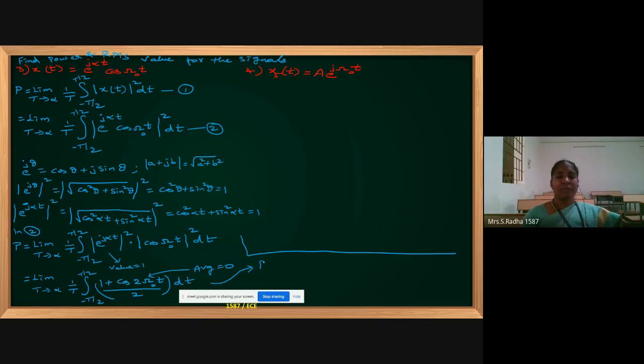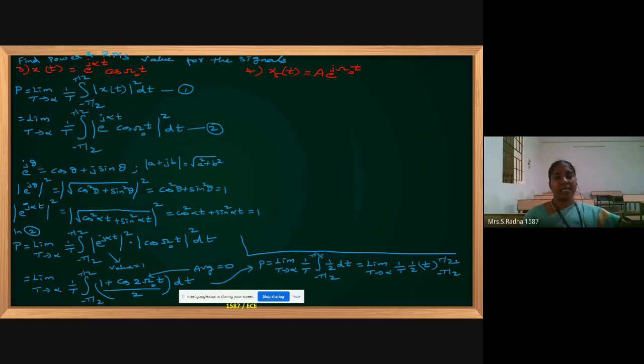So power is nothing but limit t tends to infinity 1 by t integration minus t by 2 to plus t by 2, I have only half into dt. When we simplify this, it is limit t tends to infinity 1 by t, half, and then small t is the integration from minus t by 2 to plus t by 2.